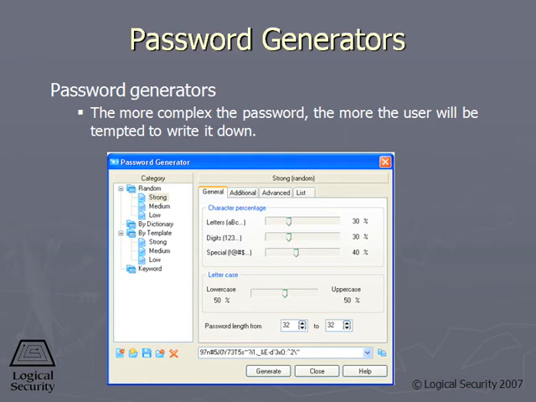They're going to write them down because they're not going to remember. So a lot of users will write down their passwords, and where are they going to keep them? They're going to hide them under the keyboard because nobody ever looks there, or they actually stick it on the monitor so that they can see it when they need it. So that's a common thing. If it's too complex, users are going to write them down because they can't remember them.